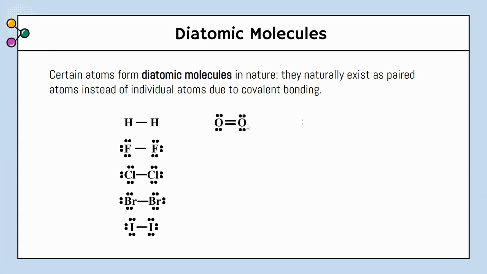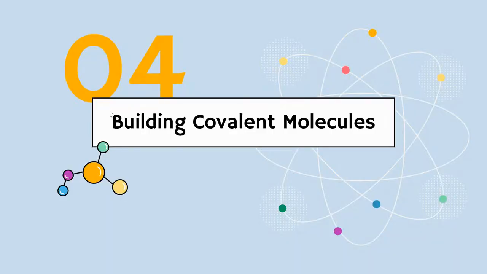We can also look at examples like oxygen, which forms a double bond and is stable between two oxygens, and nitrogen, which can also triple bond to itself and is stable bonded to itself. So in nature, whenever we encounter these elements by themselves or as pure elements, they always occur as pairs of atoms because those are their stable or low energy covalent structures.